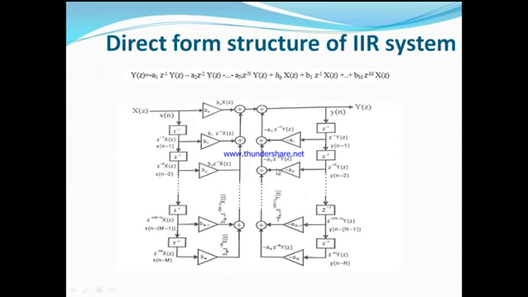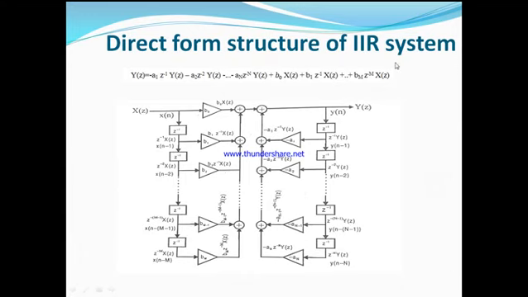On adding these two terms, you will get minus a1 z power minus 1 Y of z minus a2 z power minus 2 Y of z. Up to minus an z power minus n Y of z, we can get like this. So this section represents the equation of these terms.